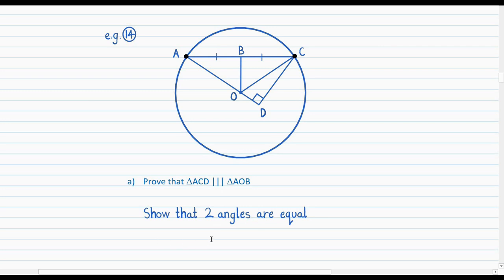The first angle we can go for is the right angle. Since we can already see a right angle in triangle ACD, we need to see if we can find a right angle in triangle AOB.